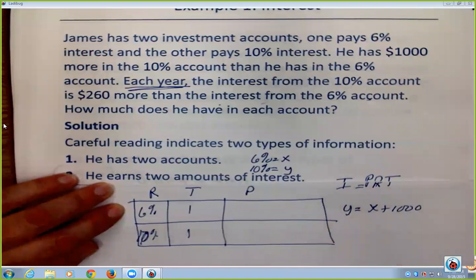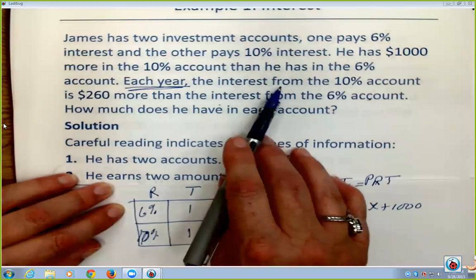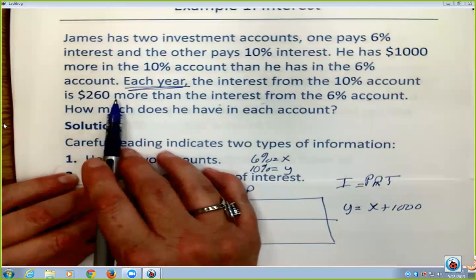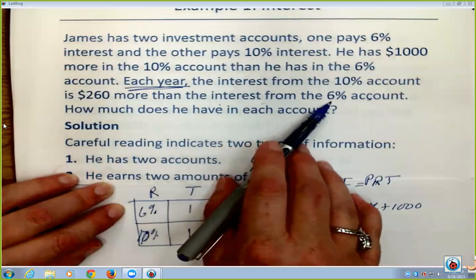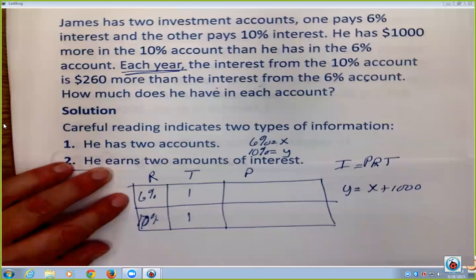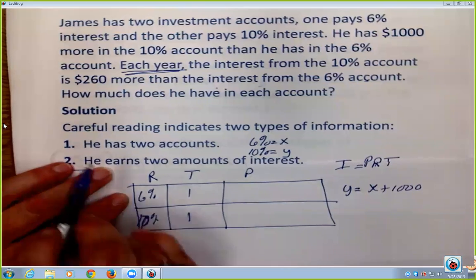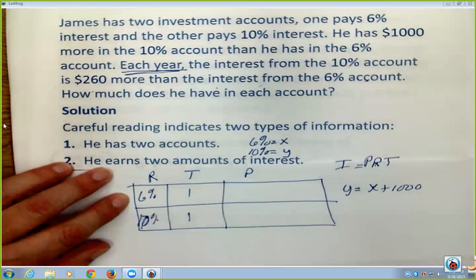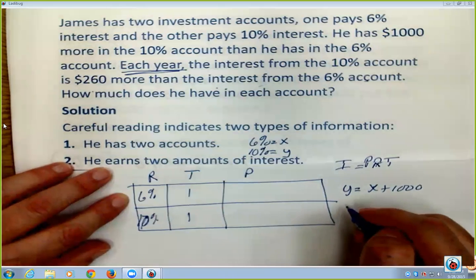And then it says each year the interest from the 10% account is $260 more than the interest from the 6% account. So what in the world does that mean? So that means that he's got more interest coming in from his 10% account than he does from the other account.